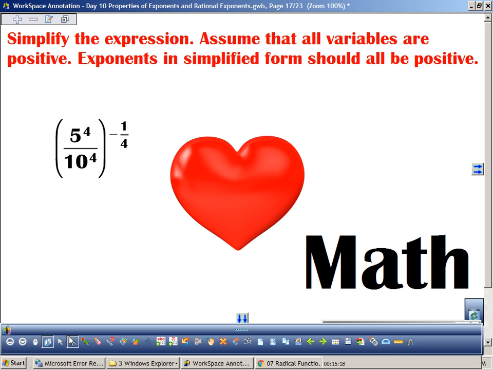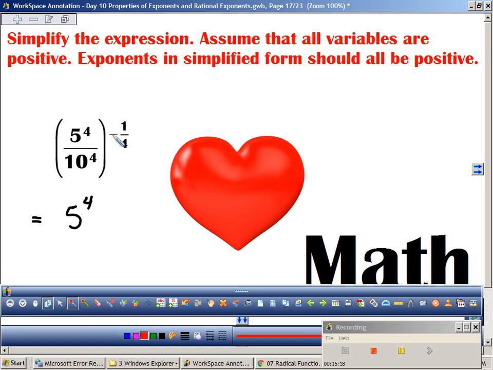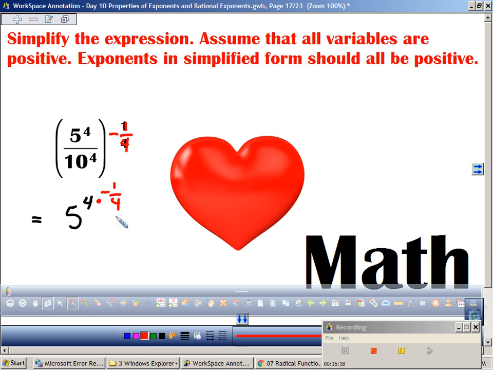All right, so if I distribute the negative 1/4, I would have 5 to the 4th times negative 1/4 over 10 to the 4th times negative 1/4. We could do it that way, right? It's distributing a negative 1/4 to everybody.